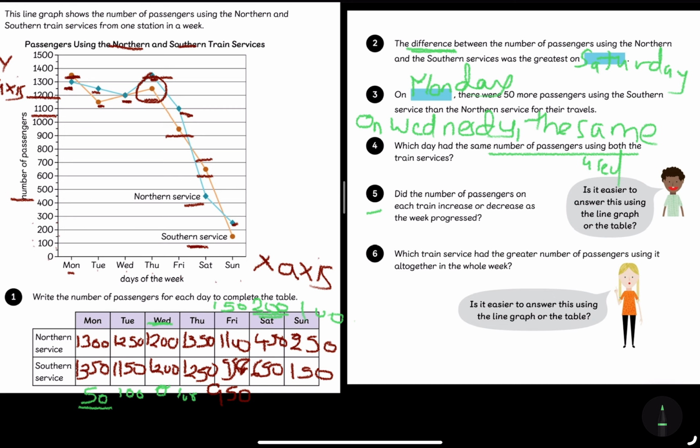So as you see, as the week progressed, we did not have the passengers increasing, right?